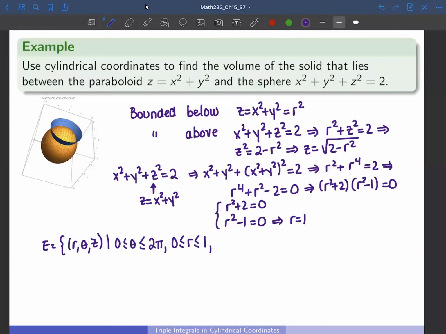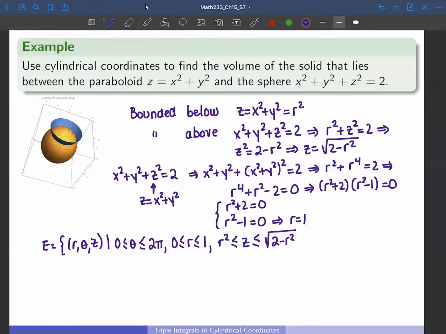And for z, we know that z lies between the paraboloid and the sphere. So the paraboloid has equation z equals r squared, which is less than or equal to z, and this is less than or equal to the equation of the sphere, which is the square root of 2 minus r squared.